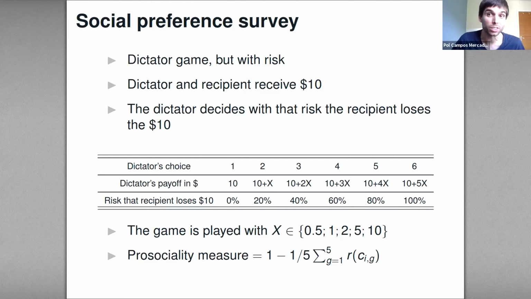There are many reasons why people would not put risk on others, and we're not taking a stance on which one it is. And I think it's interesting in itself, maybe to keep researching on this and to understand which ones are playing a role here. Is it altruism, warm glow, social warm glow, norm following? This we're not getting into. I think it's a very good point to distinguish them.